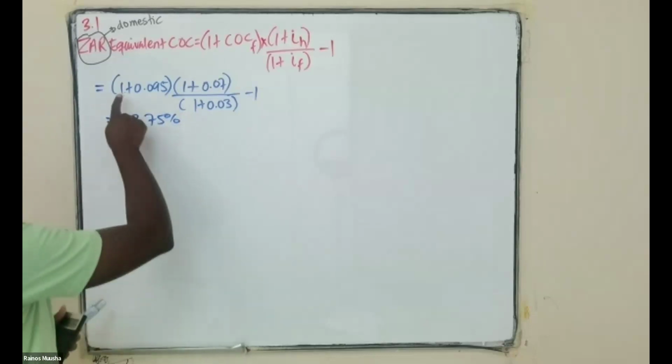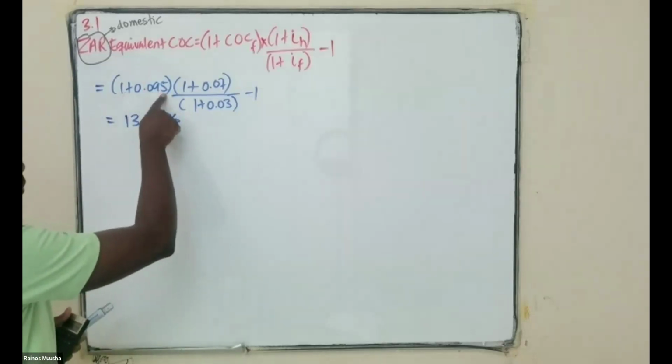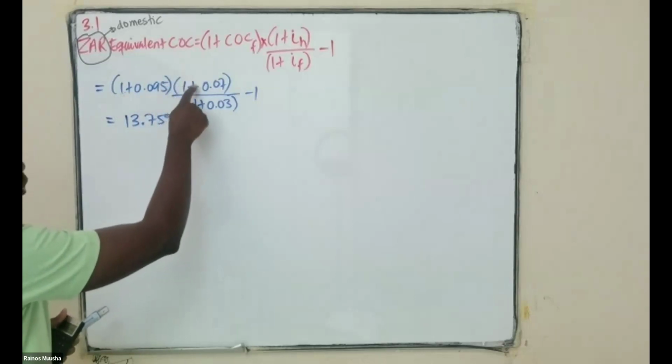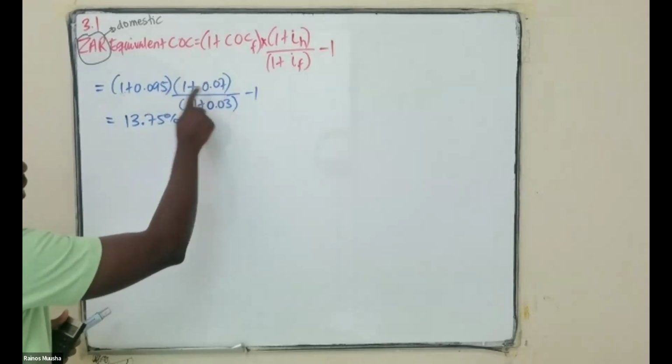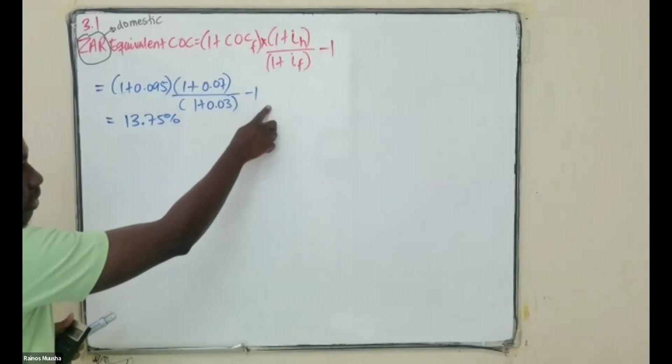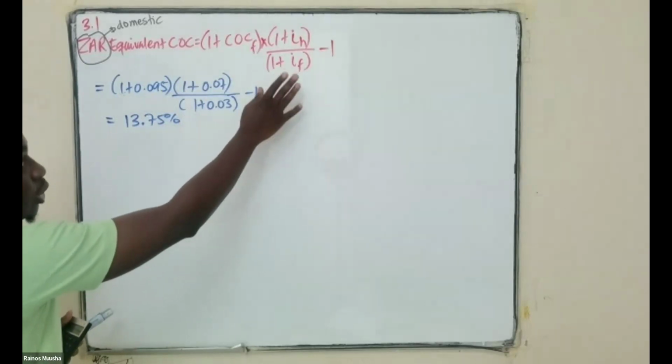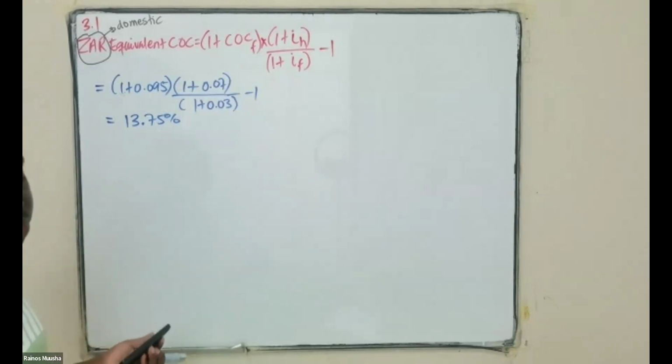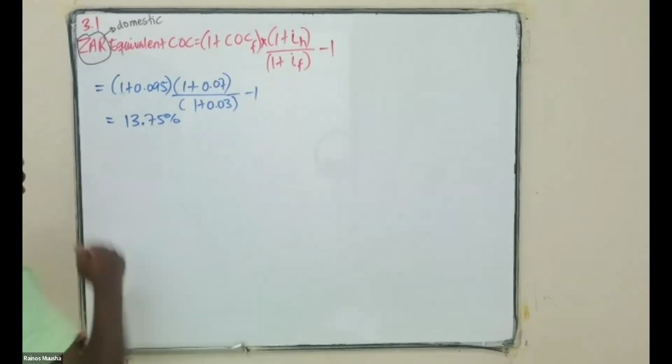Remember, this is 1.095 multiplied by 1.07 divided by 1.03. You get your answer, then you say minus 1. Then whatever answer you get, you need to multiply that by 100 to make it a percentage. And you should be able to get 13.75%.